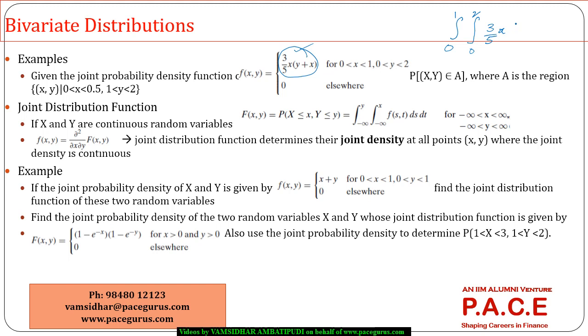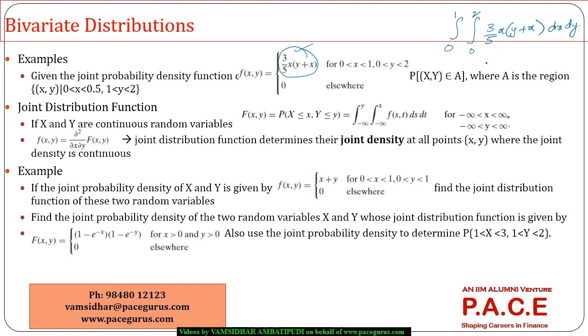So I have to integrate it over this entire interval, dx dy. So let me get started to see whether this is equal to 1 to really prove whether this is a probability density function or not.